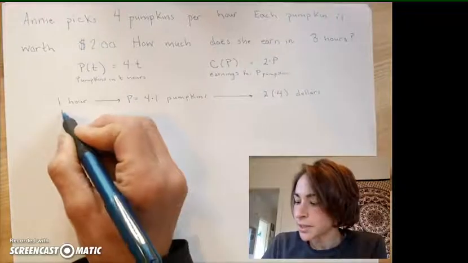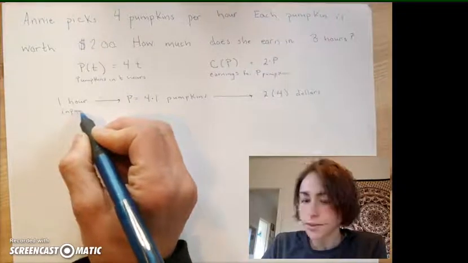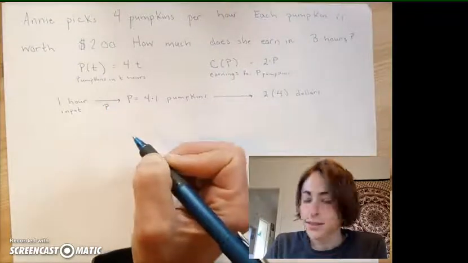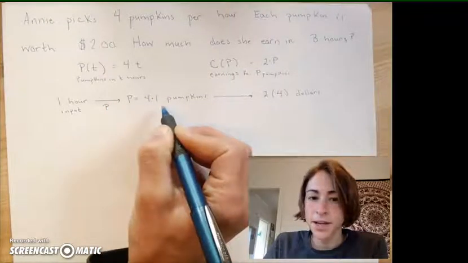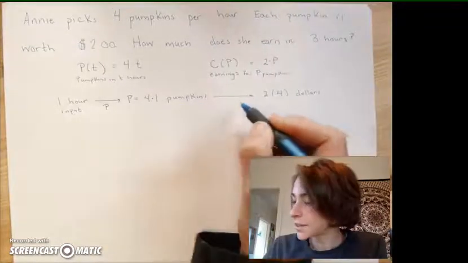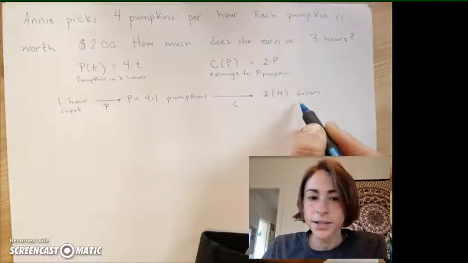So our original input was the 1 hour. Then we did the P function to it to figure out how many pumpkins she got. Then we plugged that number of pumpkins in to the C function to figure out how much she earned.